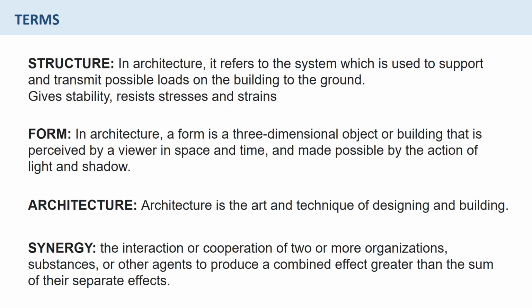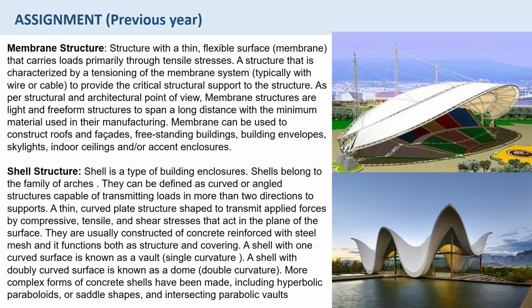A membrane structure is a structure with a thin flexible surface, or a membrane, which carries load primarily through tensile stresses. It is characterized by a tensioning of the membrane system, typically with the help of a wire or cable, to provide the critical structural support.